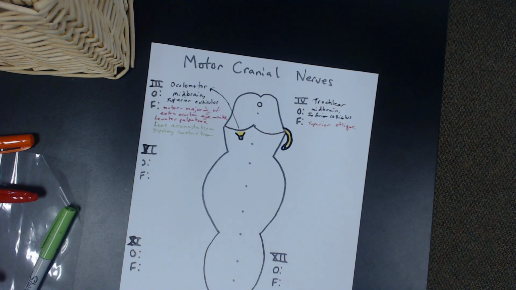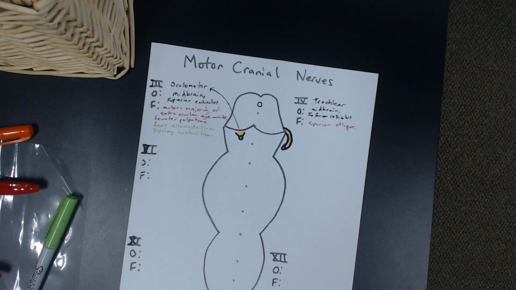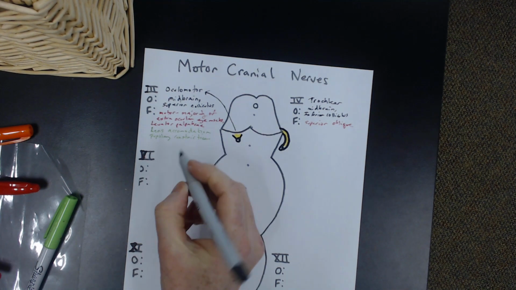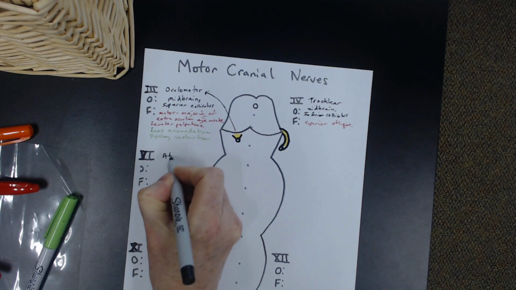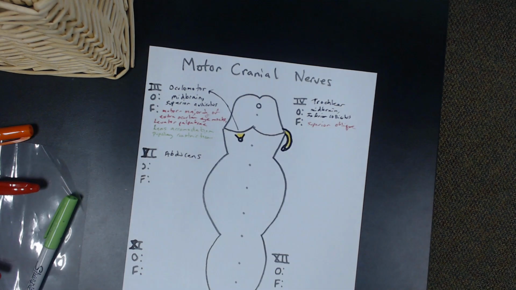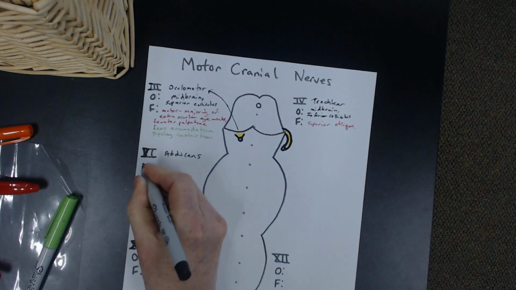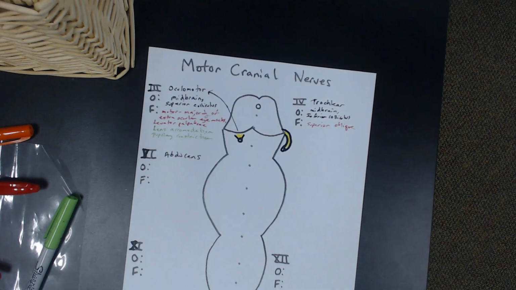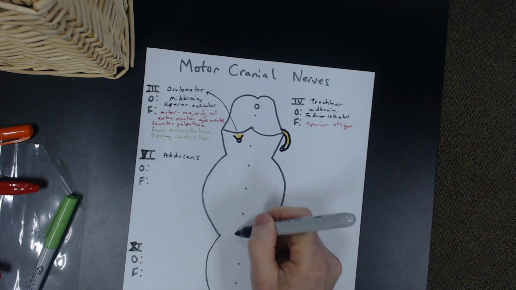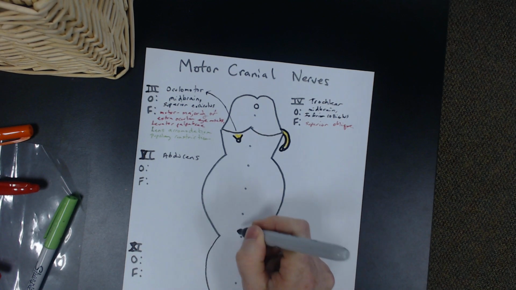Okay. Moving on down, cranial nerve number 6. That's going to be your abducens. Okay, that's your abducens cranial nerve. And if you remember, for cranial nerve number 6, it's going to exit out of the pons, very medial.